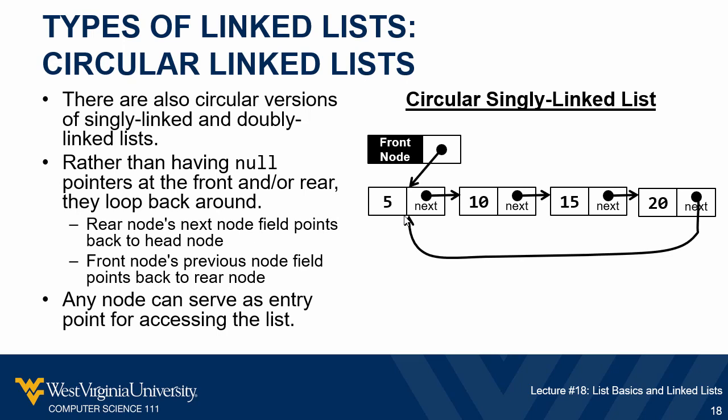For example, if I'm inserting nodes, maybe I want to keep track of the last node that I inserted and make that my front node pointer. Then I just advance one, and circle back around.